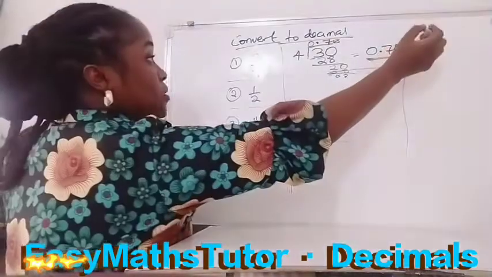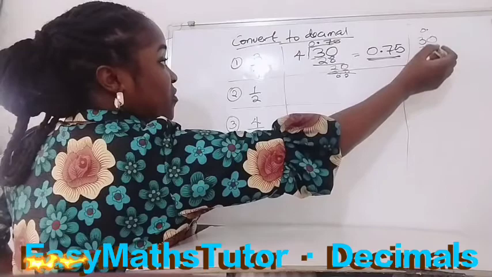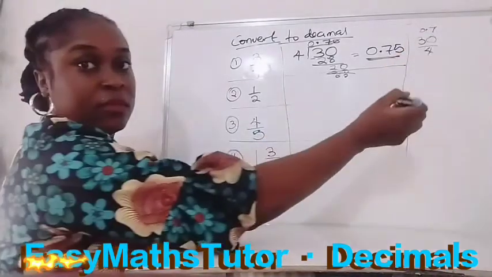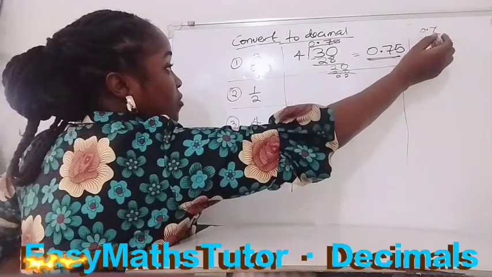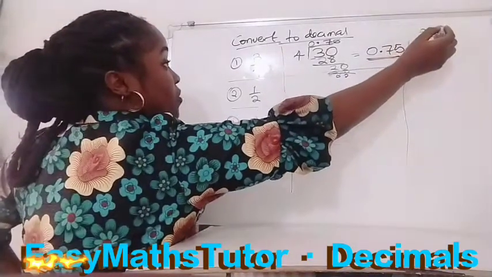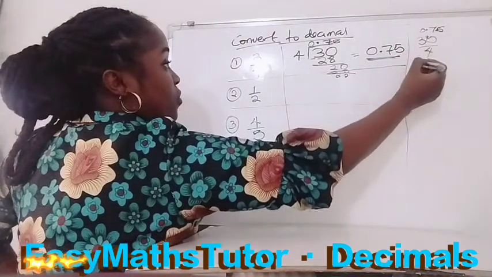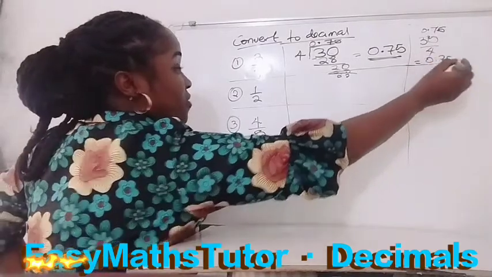Okay? So that 0 gives me 0 point. 30 divided by 4 gives us 7. 7 times 4 gives us 28, meaning there's a remainder of 2. 20 divided by 4 gives us 5. So our answer will be 0.75.